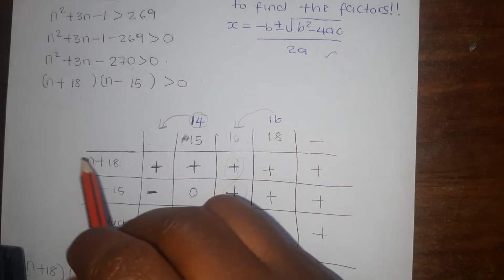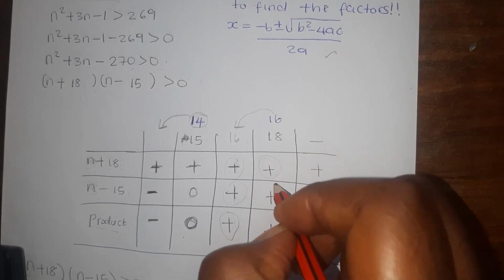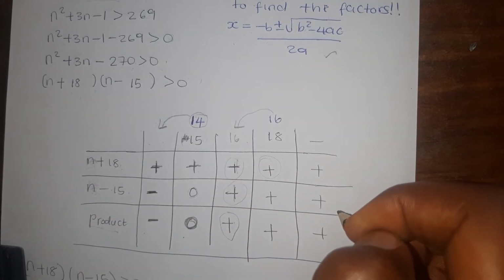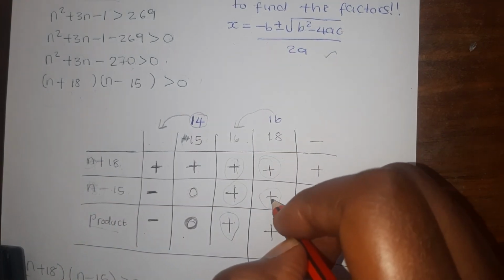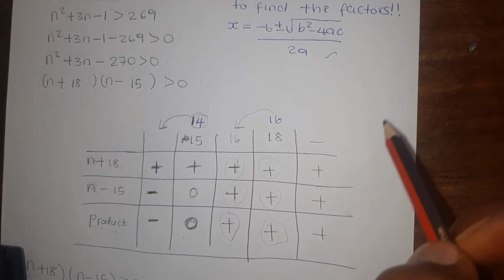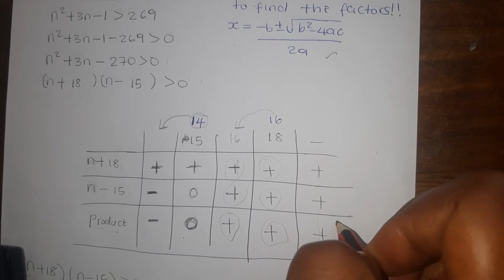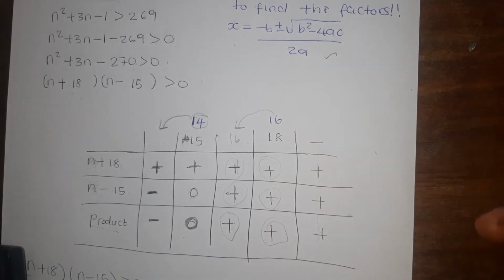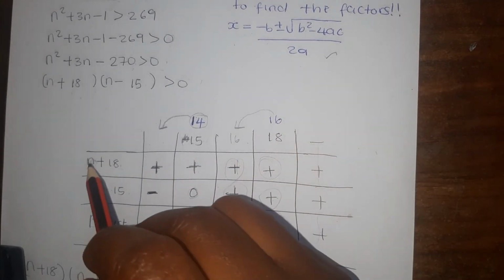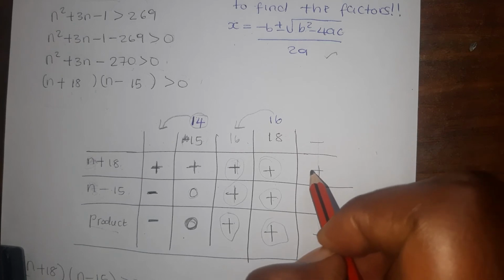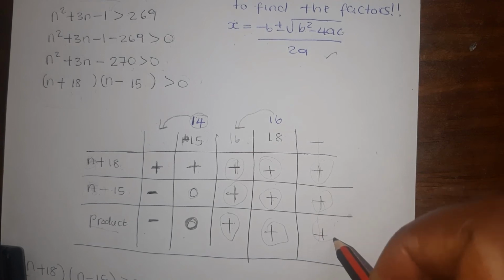And when I place my 18 here, I get a positive number, and positive times positive gives me positive. So this block is for any number that is greater than 18. When I place it here, all the numbers, I'll get positive, and positive times positive, I'm going to get positive.